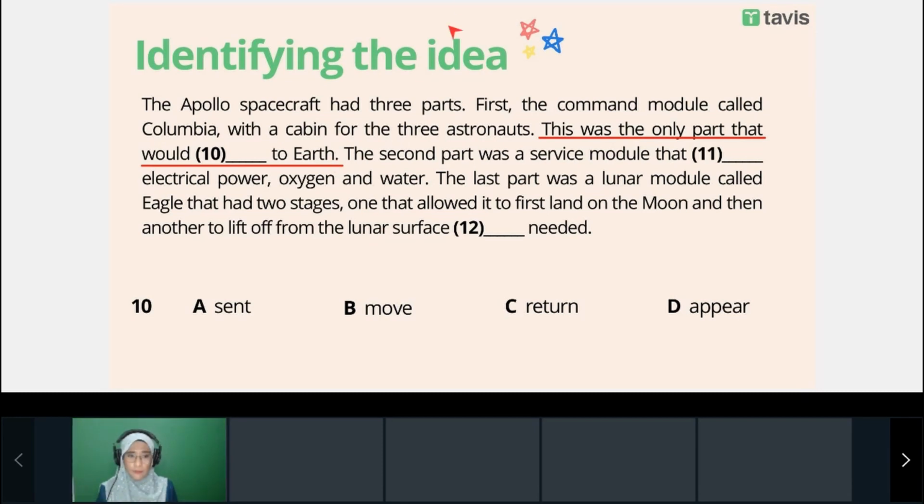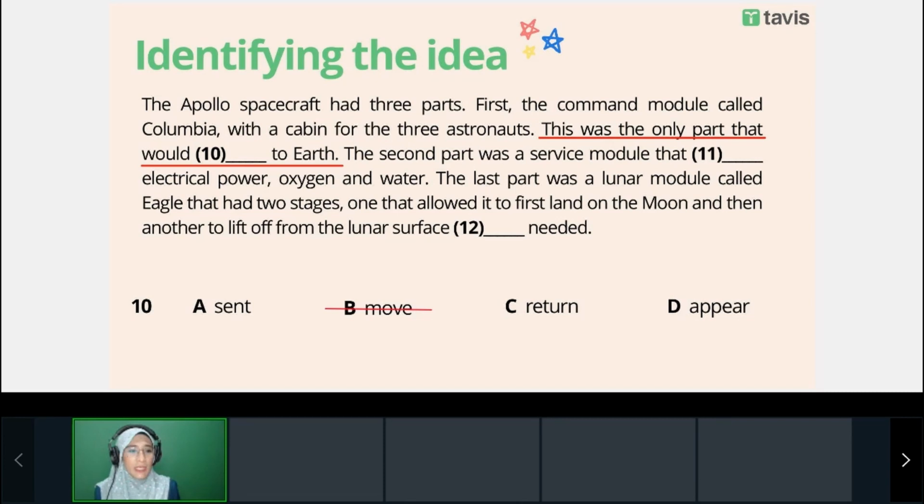I don't think so. For me, I would just cross this out. Move. You can't take something and move it to Earth. You need transportation, obviously, but I don't think it's move.